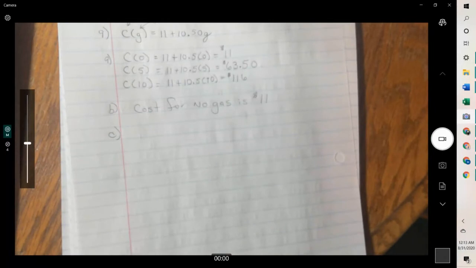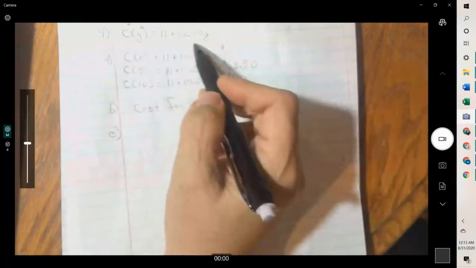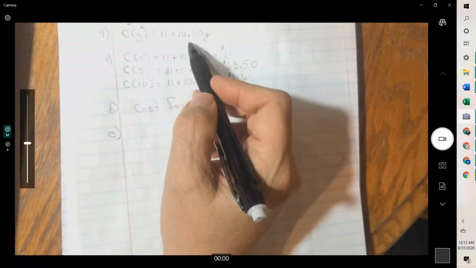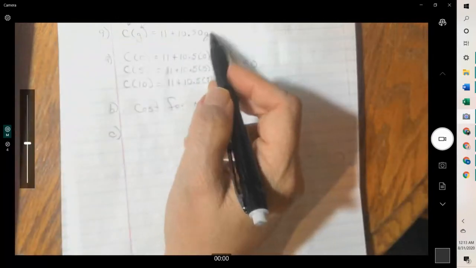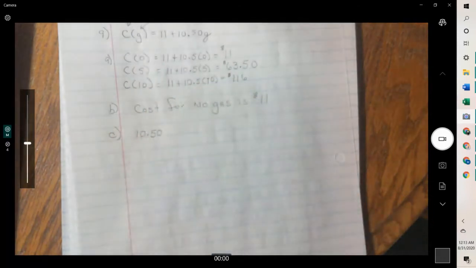What is the rate of change per 1,000 cubic feet charged for using gas? Okay, your rate of change is in front of your variable, that's your slope, and it's 10.5. So for each 1,000 cubic feet of gas, the cost goes up by $10.50.